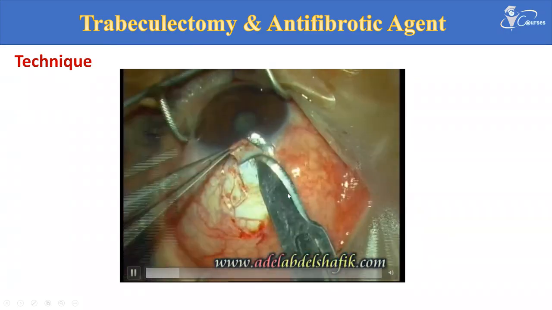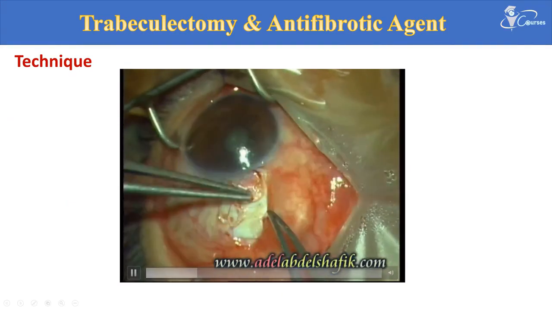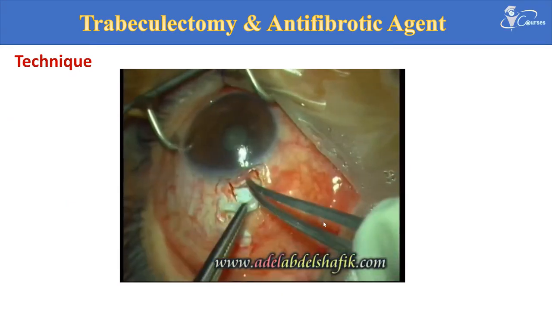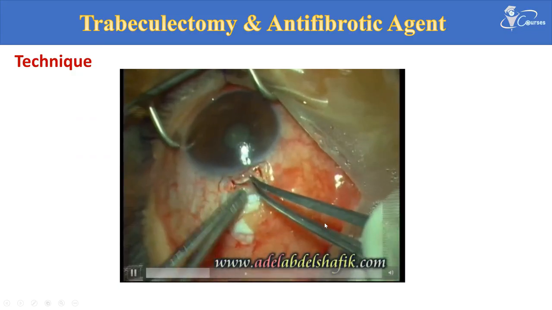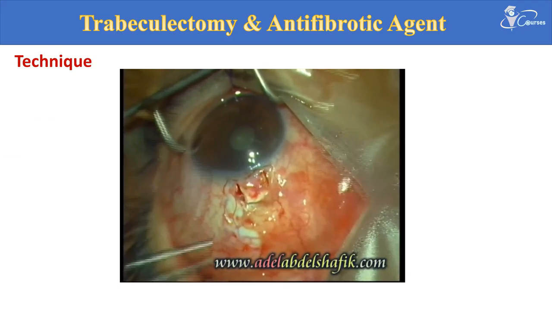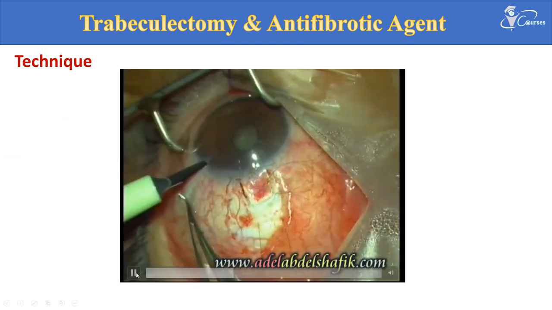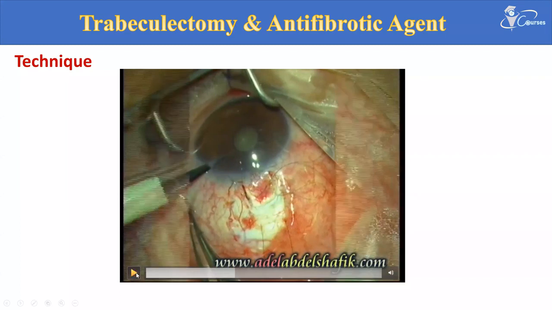Then apply the pledget with mitomycin under the conjunctiva and under the flap. And then after 2 minutes, we are removing these mitomycin pledgets, and we are making sure that we removed the correct number, so we don't leave anything behind.